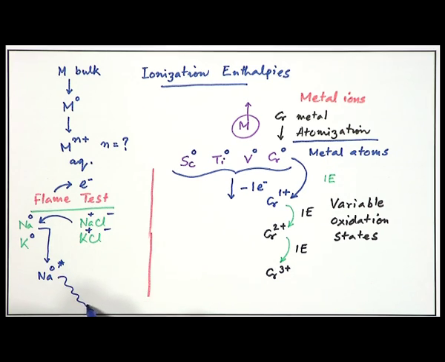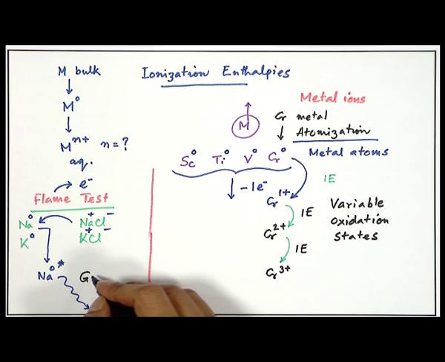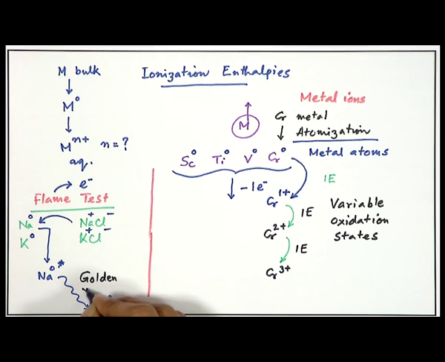Then when it comes back to the ground state, Na0, it emits a characteristic flame color which is different for different elements. In this particular case for sodium, it is a golden yellow flame.